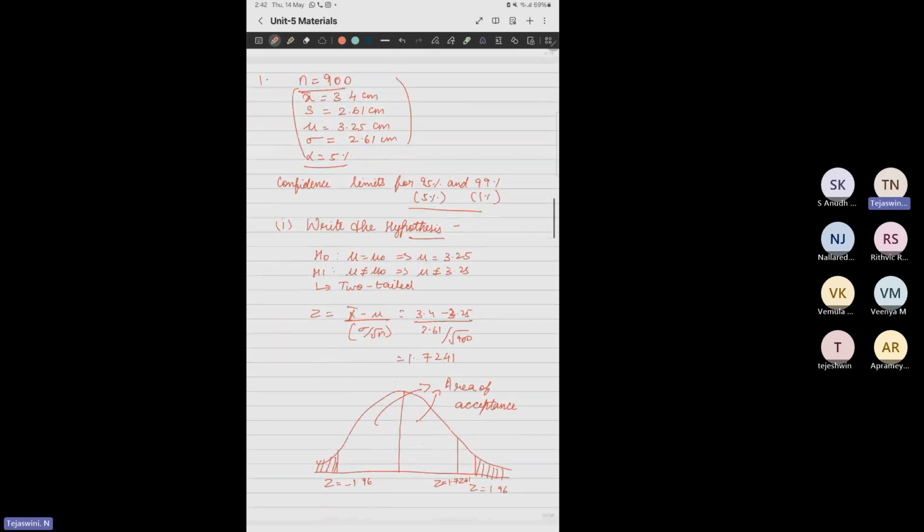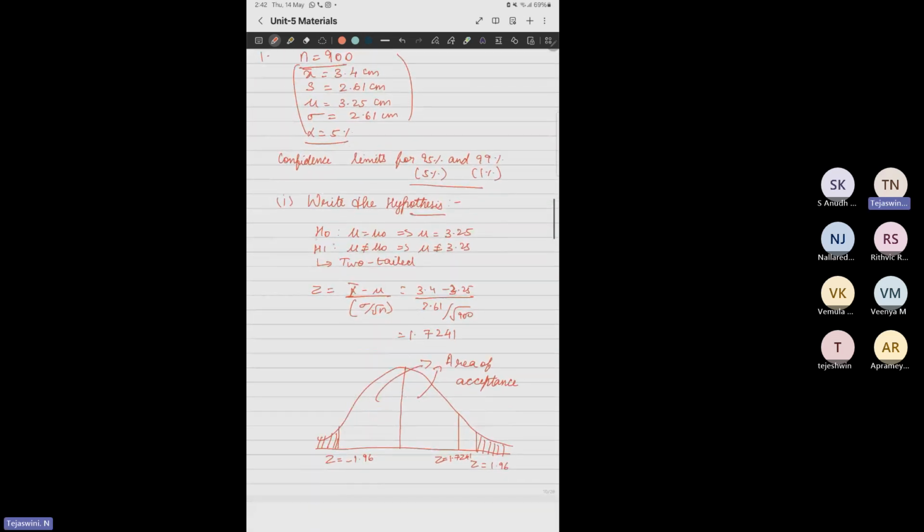So we'll write the hypothesis: mu is equal to mu naught, the null hypothesis. So mu is equal to 3.25, that is the population mean. And then mu is not equal to mu naught, that is our alternative hypothesis since this is two tail.